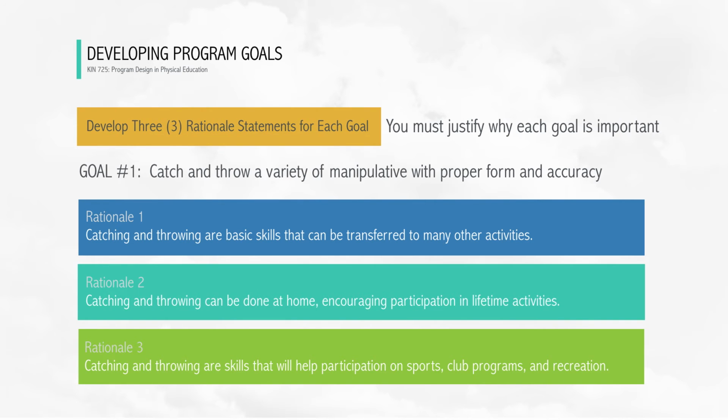And here's something to consider. The rationale statements should differ. Avoid using the same rationale statement for all of your goals. You may be able to justify a goal statement with the same rationale that says this can be done at home or it can be transferred to other skills, but don't do that. Not only is this a simple, easy, lazy method to complete this assignment, it doesn't really require any real thought or effort.